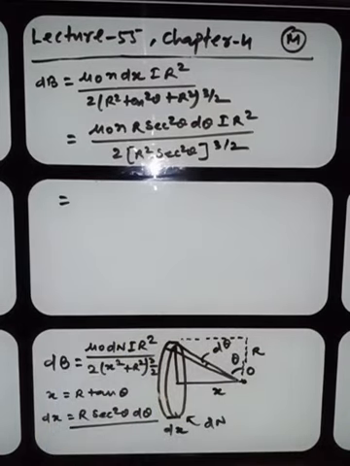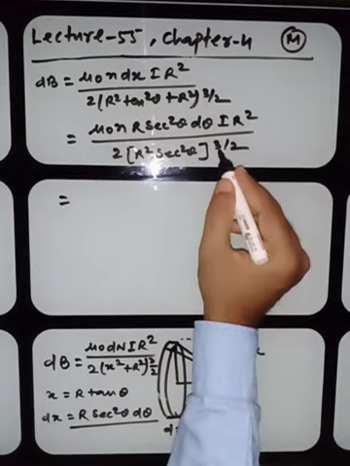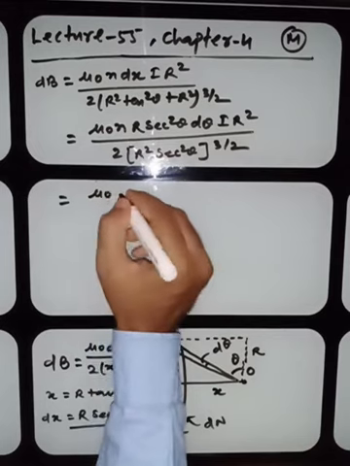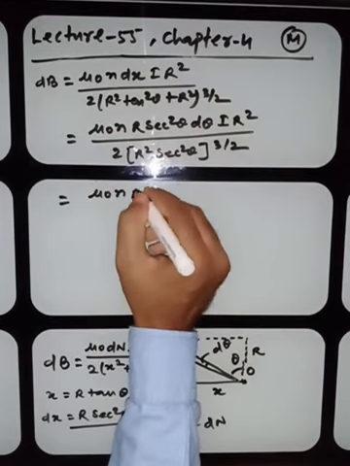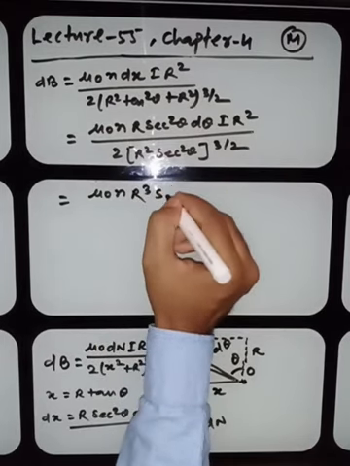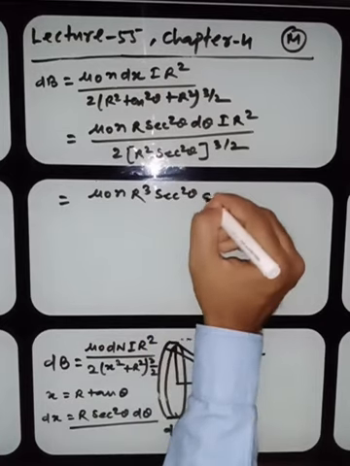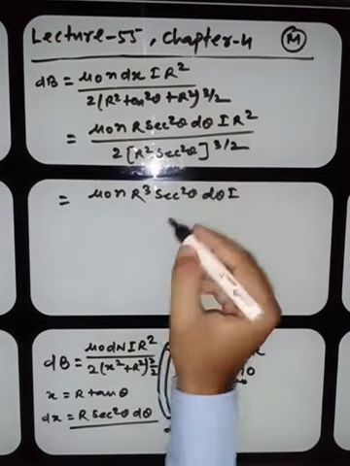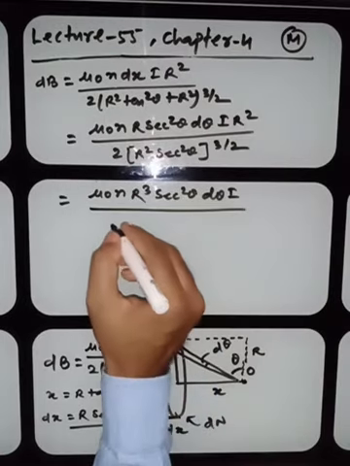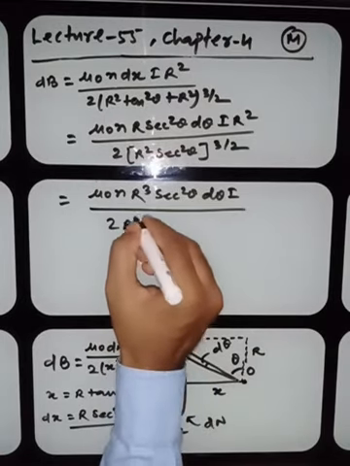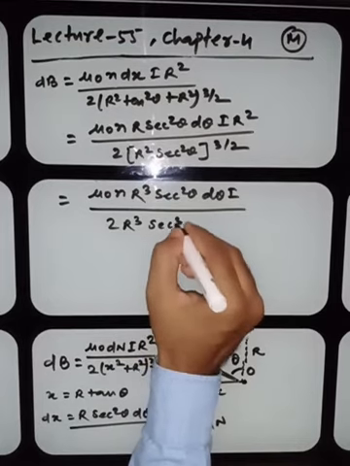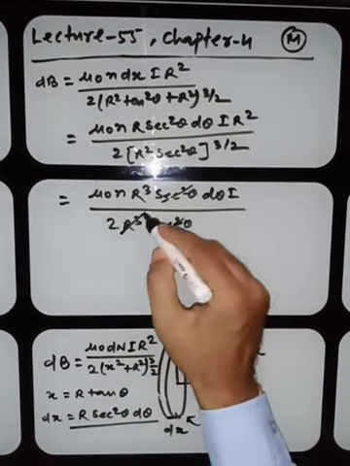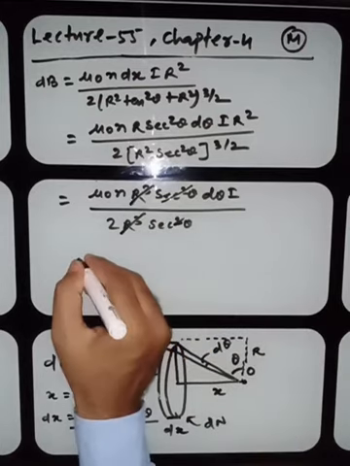You can see it is 3 by 2, so it becomes r cube sec cube theta. The numerator is mu naught N r cube sec square theta d theta I, since r square into r becomes r cube, over 2 r cube sec cube theta. So the sec square theta will cancel out, and the r cube will also cancel out.